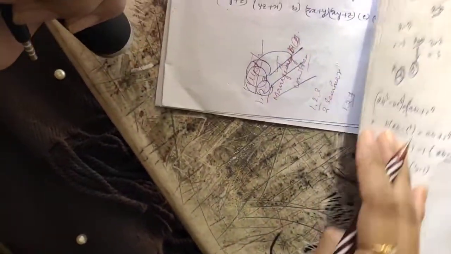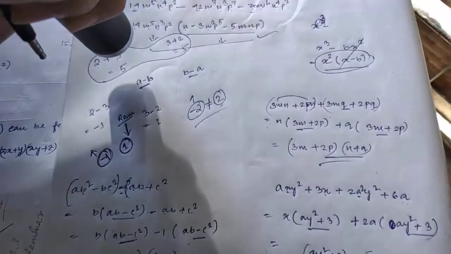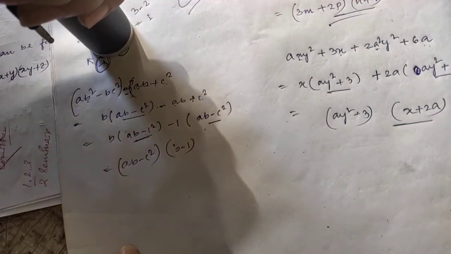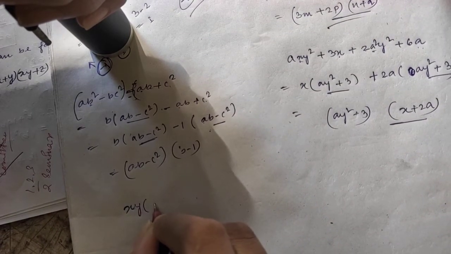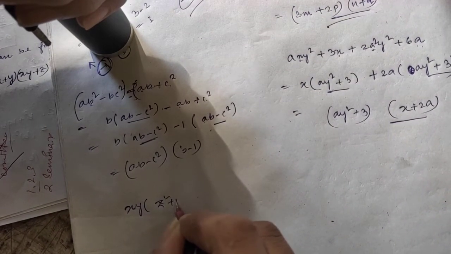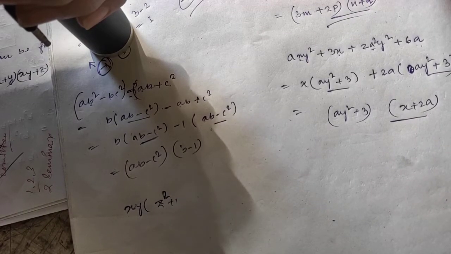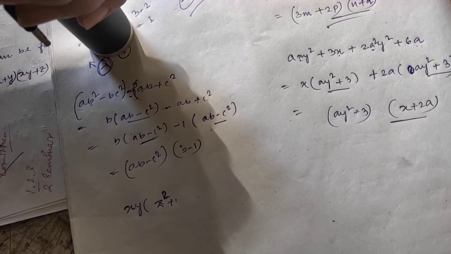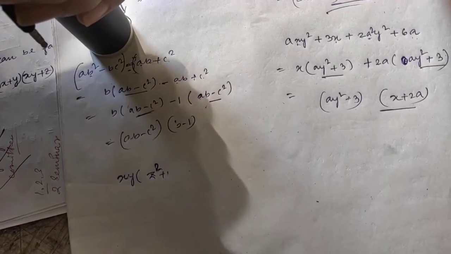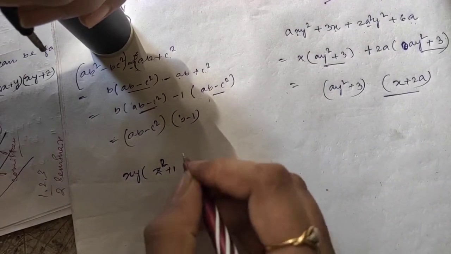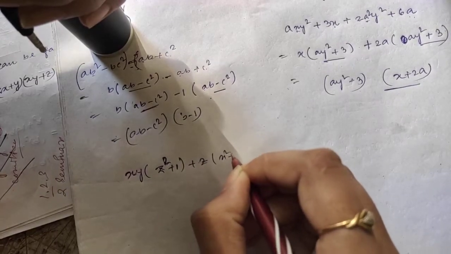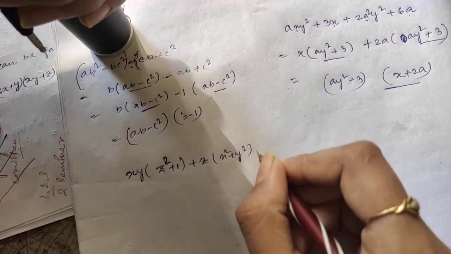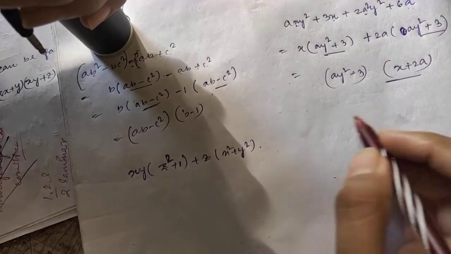Okay. See the question number 16 MCQ. Xyz square plus 1 plus z into x square plus y square, this one is given, can be factorized.